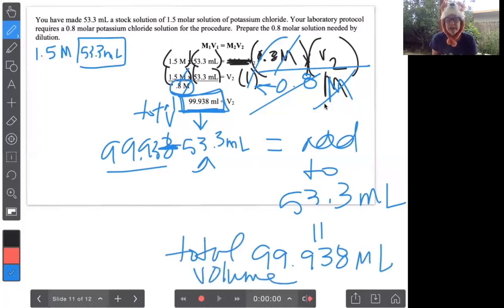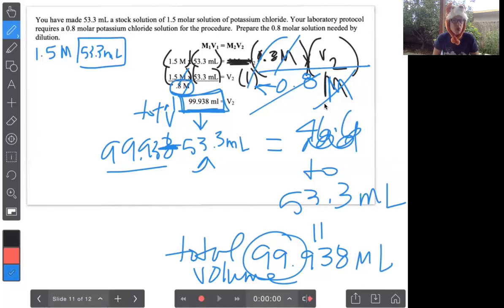If I had my calculator handy, I'd tell you what that is. 99 minus 53 is 46.6 or something, right? So we would add 46.6 something to this guy, and that would equal 99.9, our total volume.